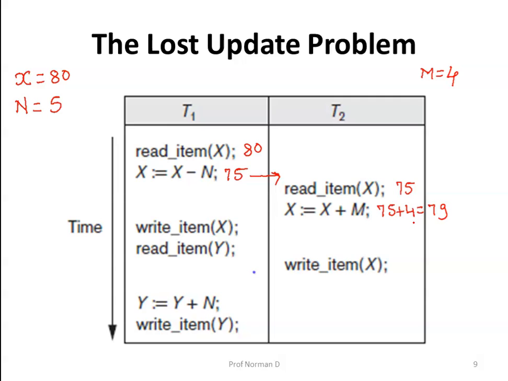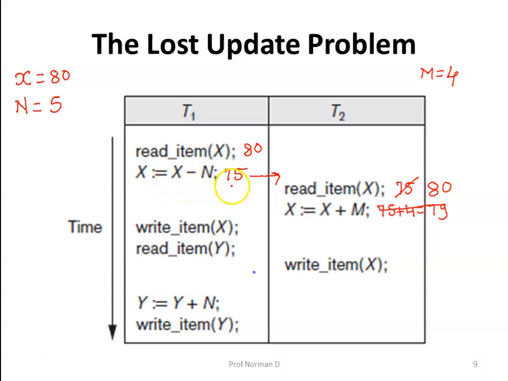But in this case, it does not happen. We are not reading the value of X as 75 here, but we are reading the value of X as 80 again. Now why 80? If you look at transaction T1 once again, we read the value of item X, where the value of X is 80. We perform an operation, and the value of X is 75 now.